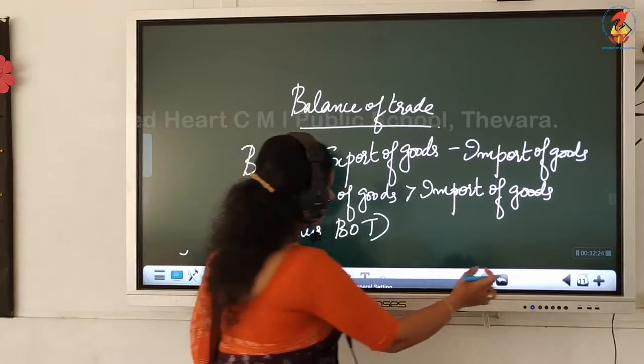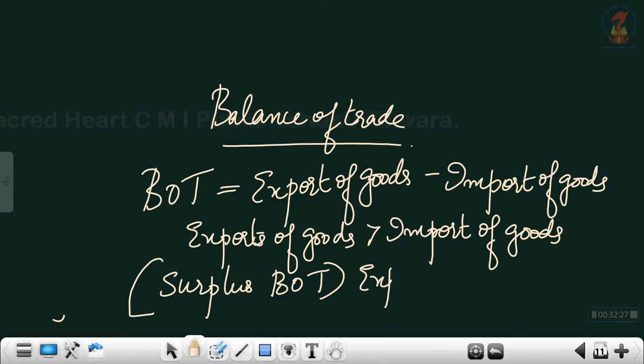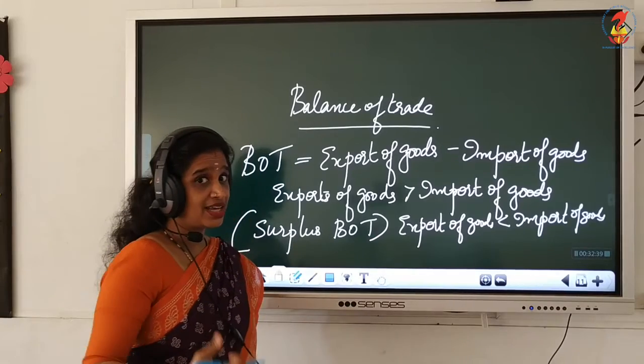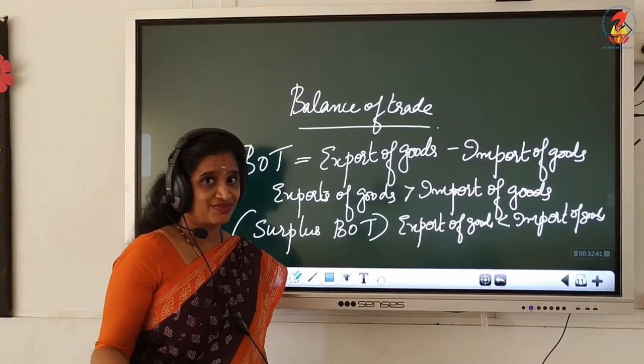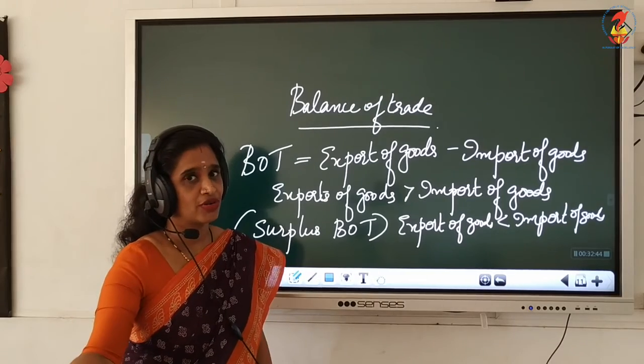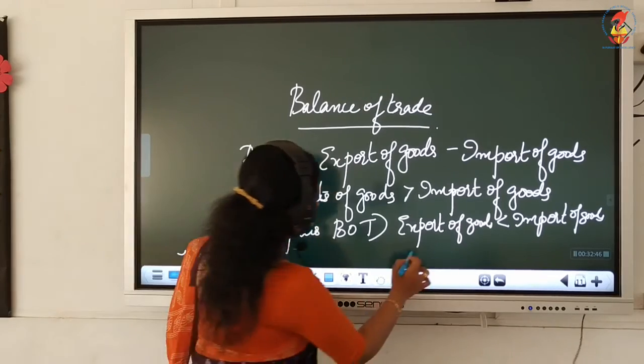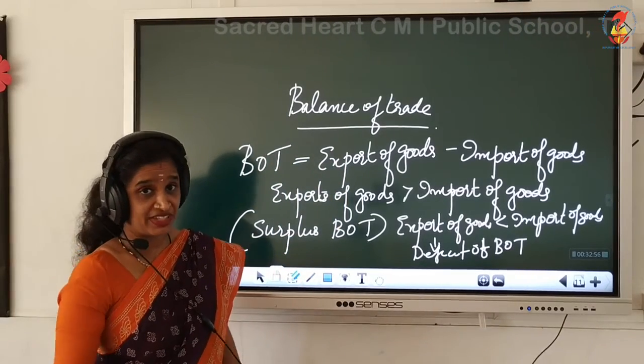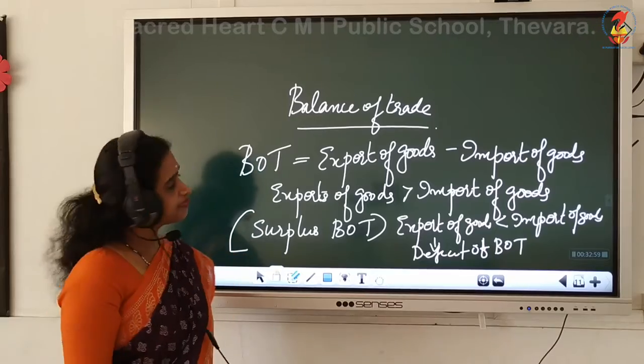Now the opposite can also happen. Sometimes export of goods can be lesser than import of goods. What will happen in that situation? Export is lesser than import means import is more. That means outflow of foreign exchange is happening more. Therefore, we can say there is a deficit in the balance of trade.